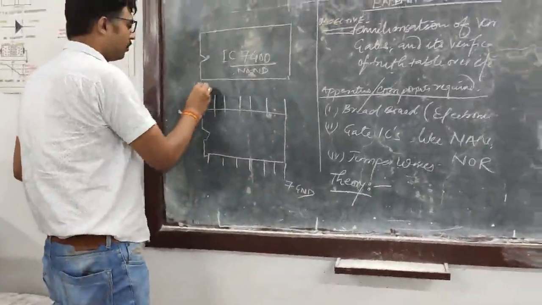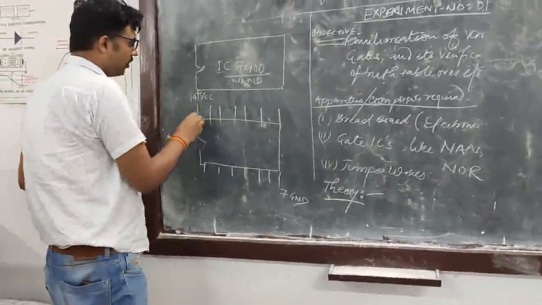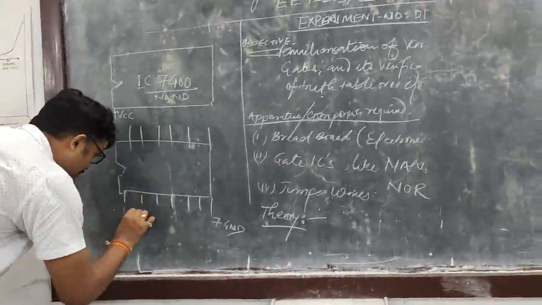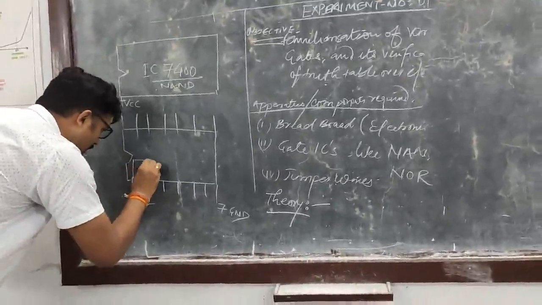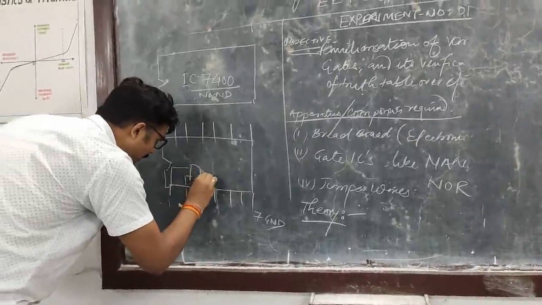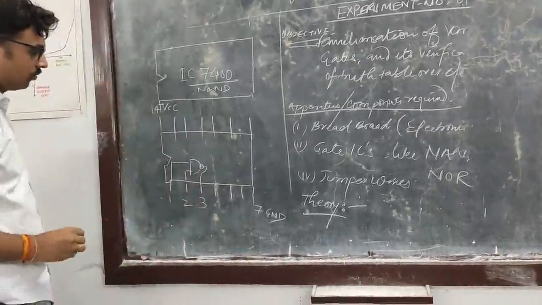The 14th pin is VCC, the power supply. Apart from this, the first two pins are the inputs for the NAND gate, and we take the output from the third.